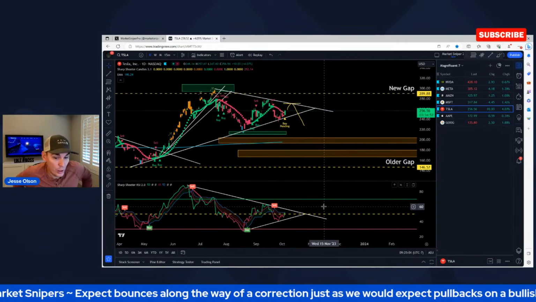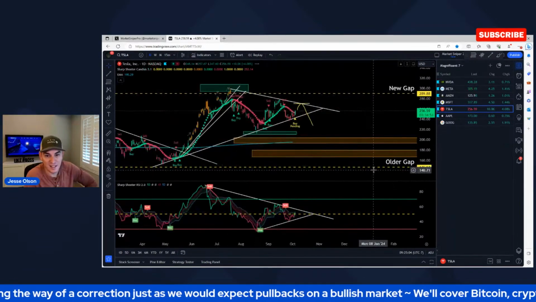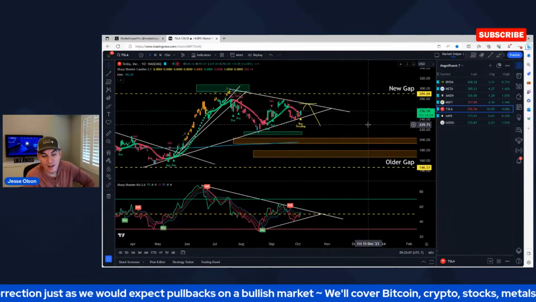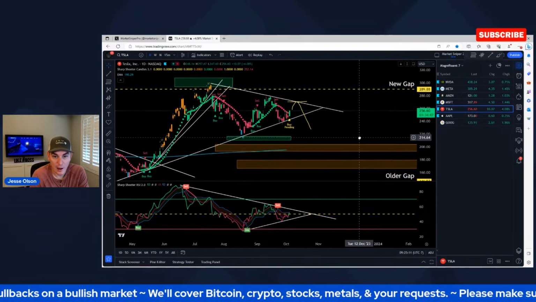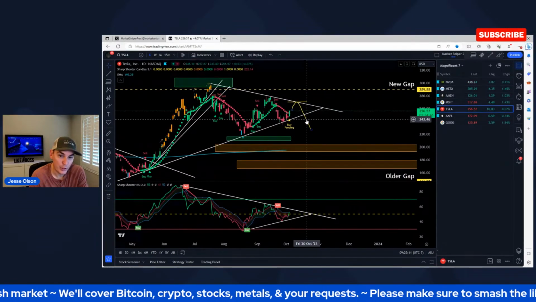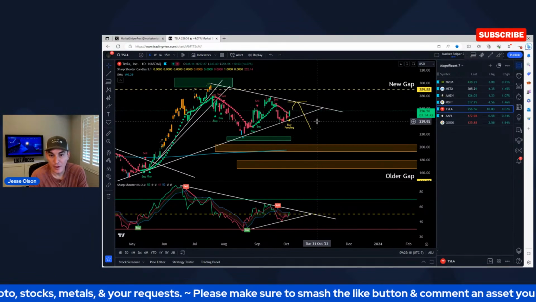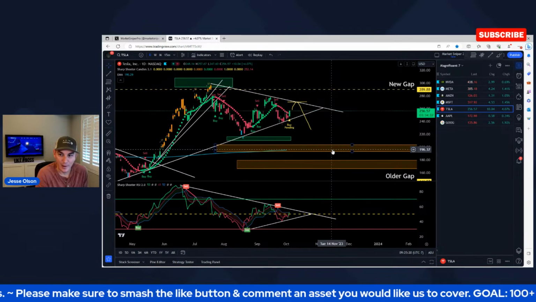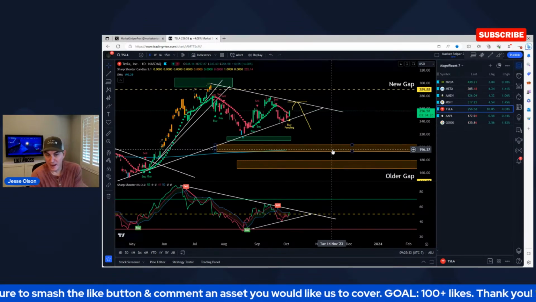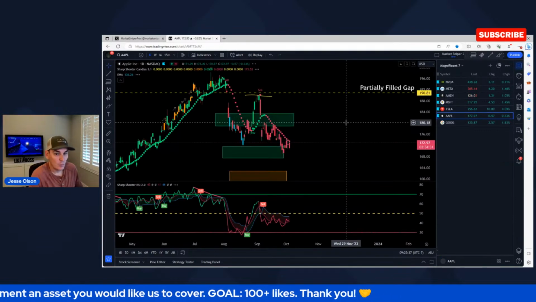I'm leaning towards the downside, but that doesn't mean that Tesla won't break out to the upside. It's always a possibility. So we'll see how it plays out. But I'd personally be leaning towards going through this consolidation up here and then watching to see if it breaks down, similar to the other assets in the Magnificent Seven, and then comes back down to these lower target areas. So we'll see.